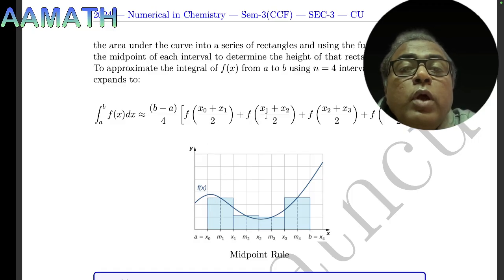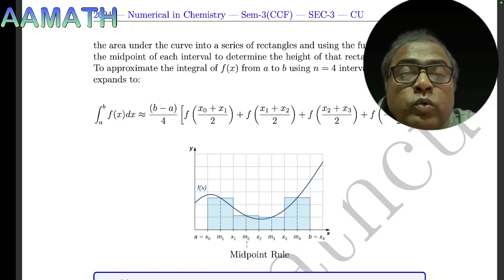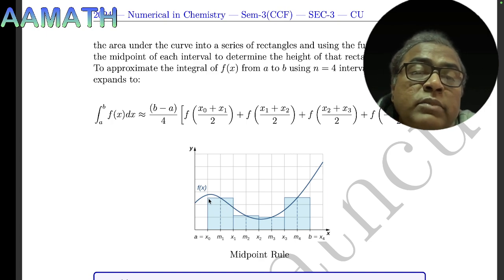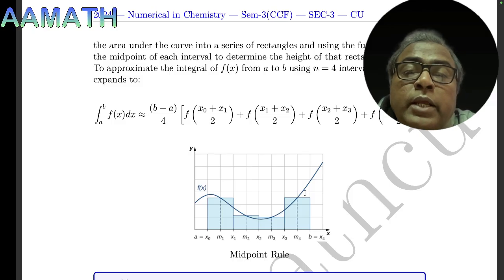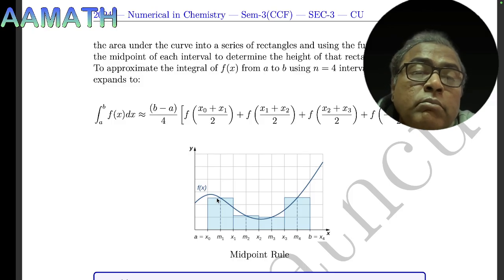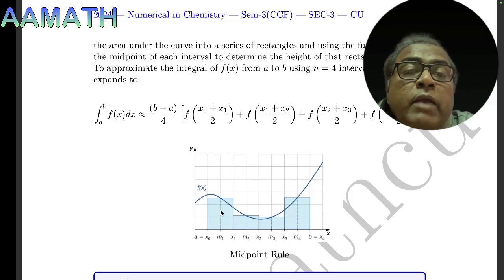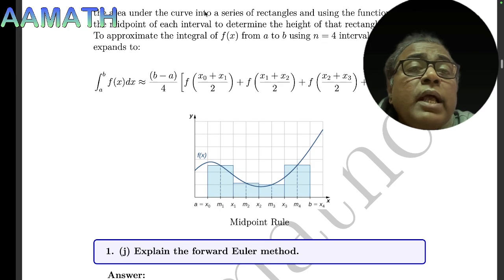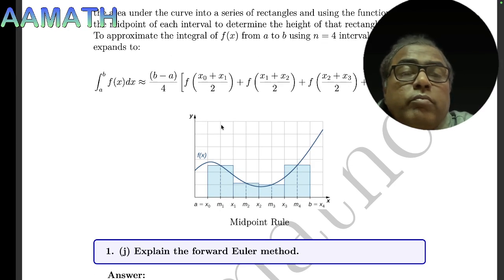Then h into f of (x1 plus x2) by 2, that is m2, f of m2, is the area of this next rectangle. So we sum the areas of these rectangles. Obviously it is clear that this white colored part is the error under the integration from a to b of f(x) dx, and this is the midpoint rule.